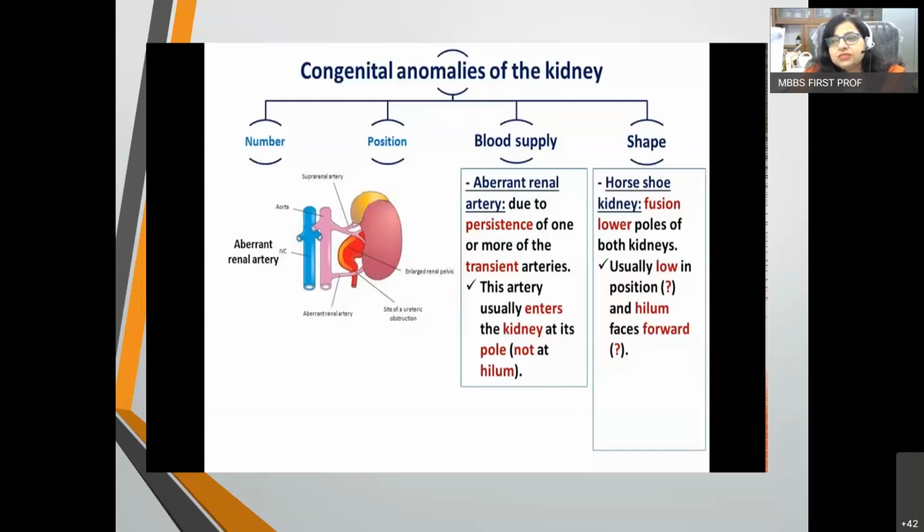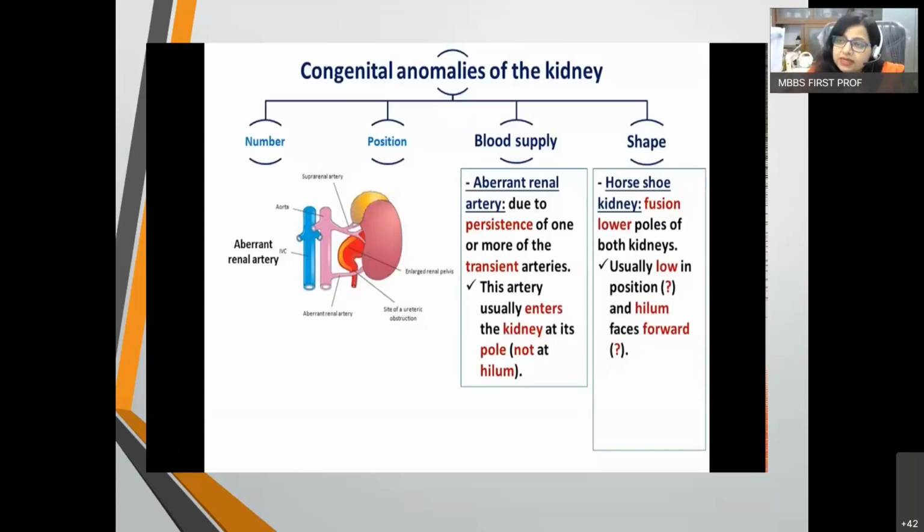So this U-shape is achieved by the fusion of the lower poles of the right and left kidneys. It actually does not reach the lumbar region because of the presence of the inferior mesenteric artery, that is blocking the ascent. Because once both poles fuse, it will not ascend, right? So this is the problem of horseshoe kidney.